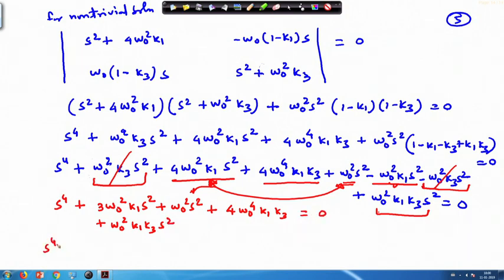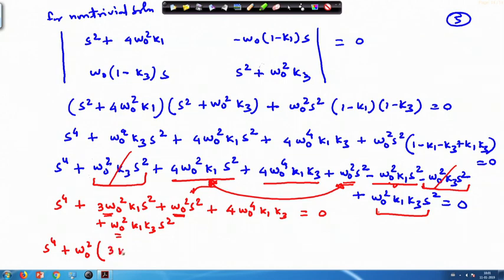So, s to the power 4 plus omega 0 square we can take out from this place. This is omega 0 square, omega 0 square, omega 0 square, and the s square is also common. So, this becomes omega 0 square, okay.